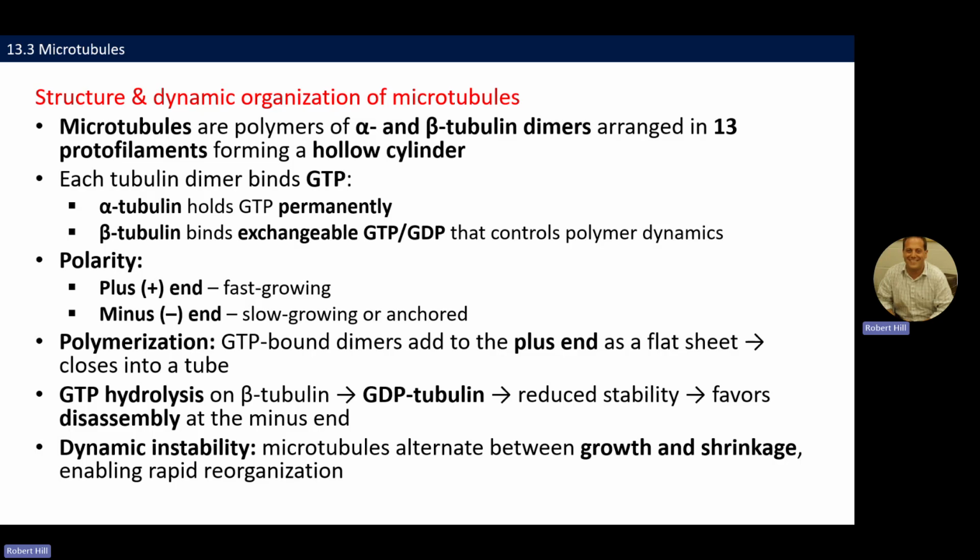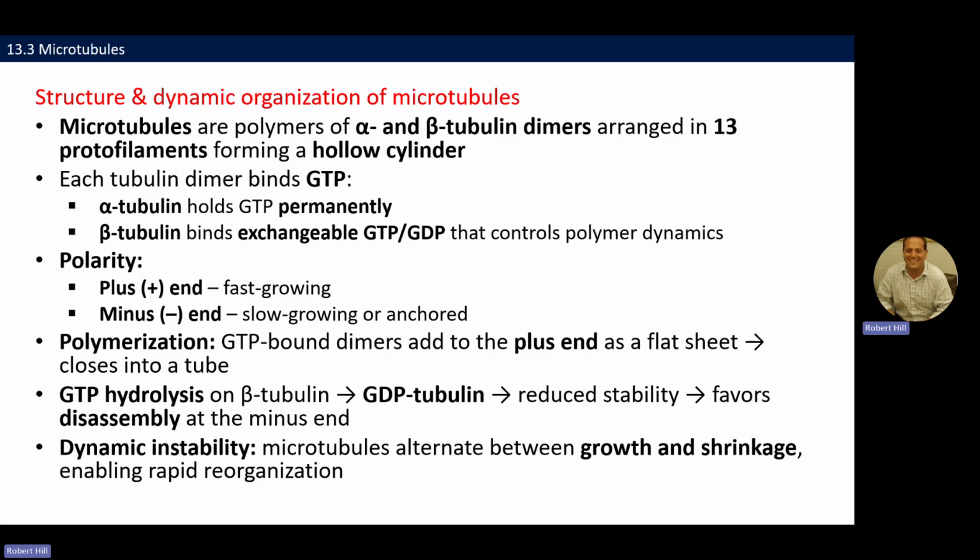A little bit on the polymerization: tubulin dimers add preferentially to the plus end, and they add already bound to GTP. So the tubulin dimer has GTP on it, and it readily binds to the plus end. When it starts getting added on to the plus end, the structure that gets built is like a piece of paper. It's flat, like a sheet, and then it rolls up into the cylindrical tube.